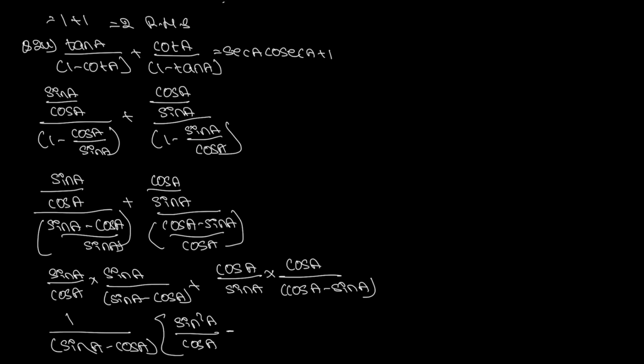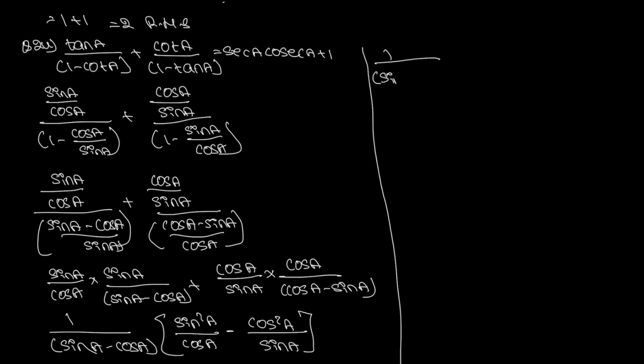So here we'll be getting a minus, and cos into cos is cos square a by sin a. Again here we have to take the LCM of the second term. We'll get 1 by sin a minus cos a remains same. Let's take the LCM here. We'll get sin cube a minus cos cube a by cos a into sin a.